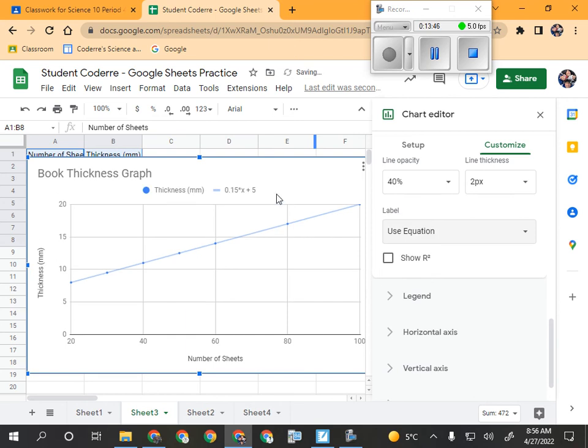Once I click on that, I get this little equation right here. Google Sheets writes it a little bit differently than we do. It typically writes it without the y equals part that is normally on there. As a result, we're just going to have to know that's what it does, and adjust accordingly.